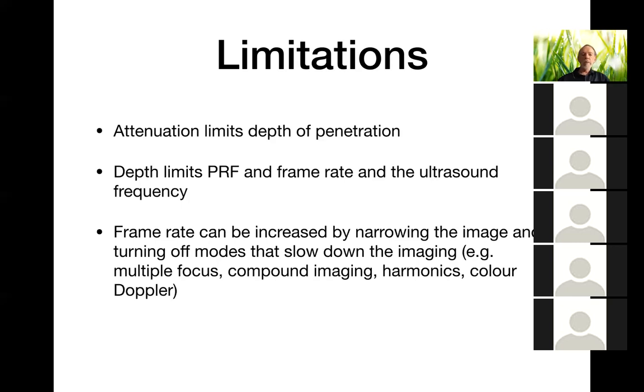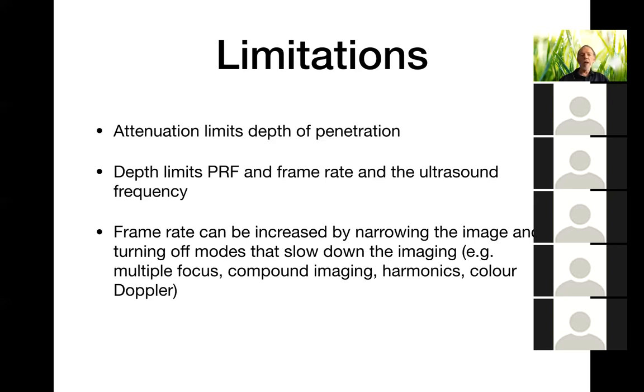So that's one approach. And then there's a second thing, and that is that many of the additional things that the manufacturers have introduced over the years that enhance ultrasound also slow it down. Things like multiple focal depths, compound imaging, harmonic imaging, and color Doppler, all of those slow down the imaging rate.